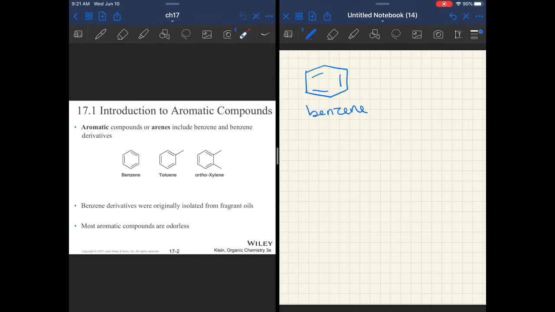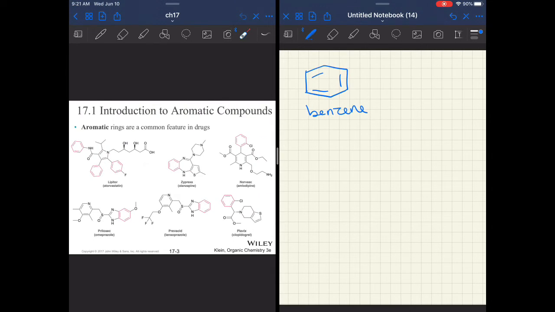They were originally isolated from oils that had strong smells, which is why they're called aromatic, but not all aromatic compounds smell. In fact, most of them don't, but the name stuck. They are present just like any of the other functional groups that we focus on in this organic 1 or 2 class.